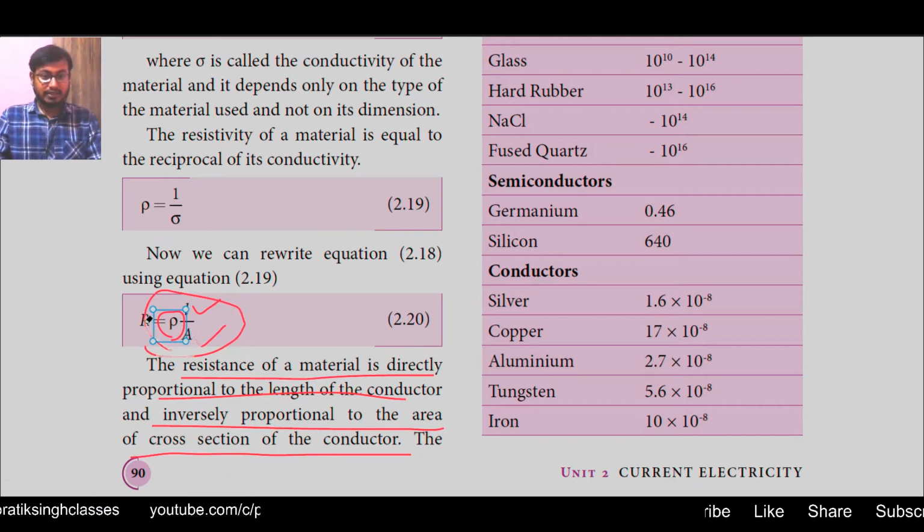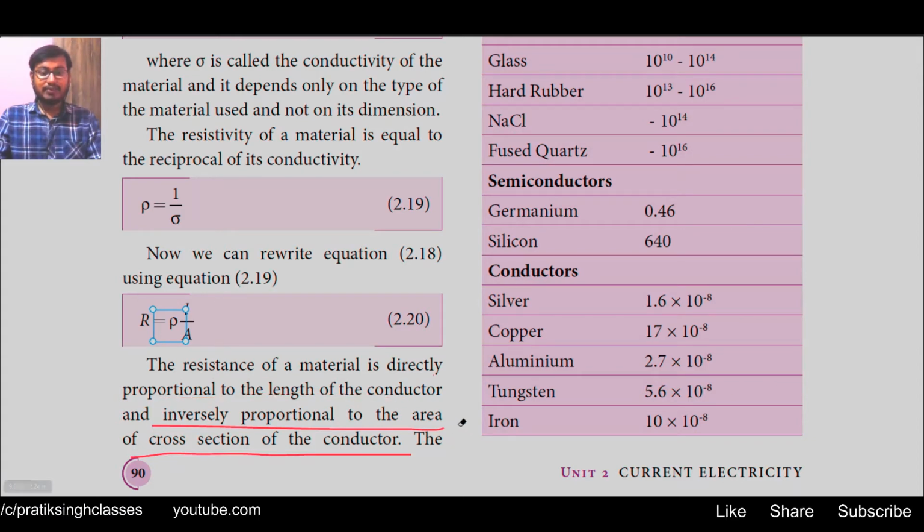Let me delete these things so that you can visualize it very clearly. So here you can see that R = ρ L/A. This equation can be written in the following form: if you remove the sign of equality, you have to put the sign of proportionality, just opposite of what we have done till now.